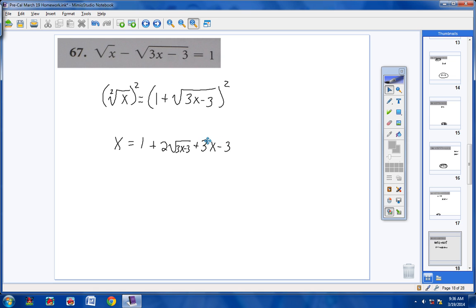Now, if you'll look, I now have one more radical left that I have to get by itself, and it's in red here, okay? So this radical here in red is what I need to get all by itself, okay? So first of all, I'm going to save this 2 for last. First of all, I have a 1 here and a -3.